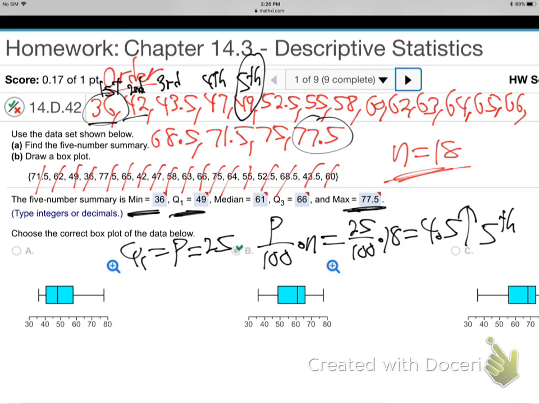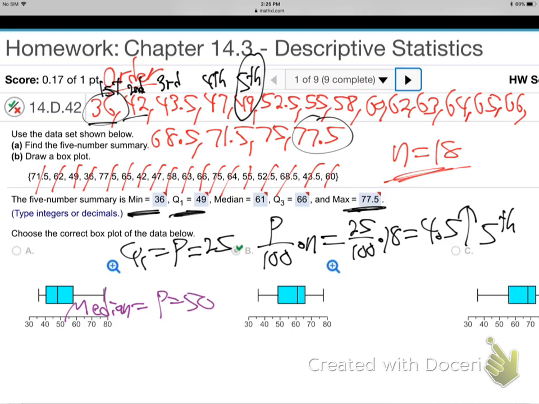Good so far. Can we find the median now? Median, which is P50, 50% of the way through the data set. Go ahead and do that one. P over 100 times N. Wait, for that one, for the Q1... I was getting the median and the Q1 mixed up.